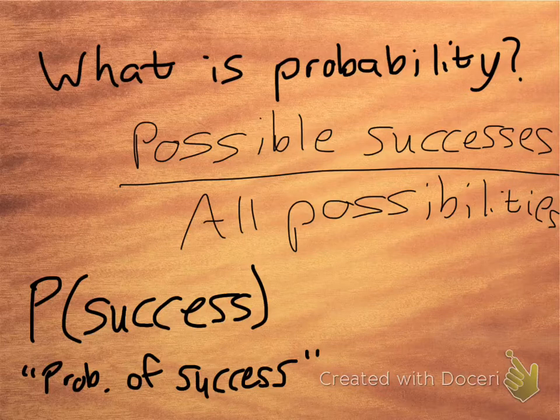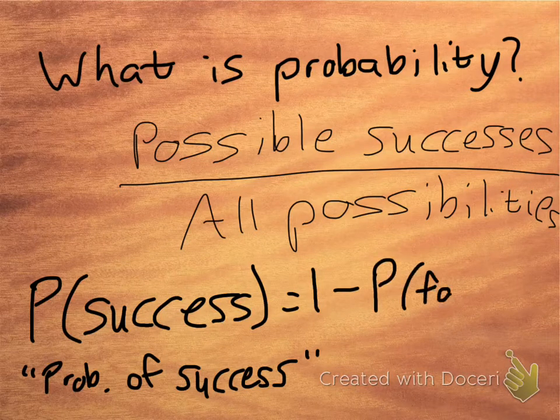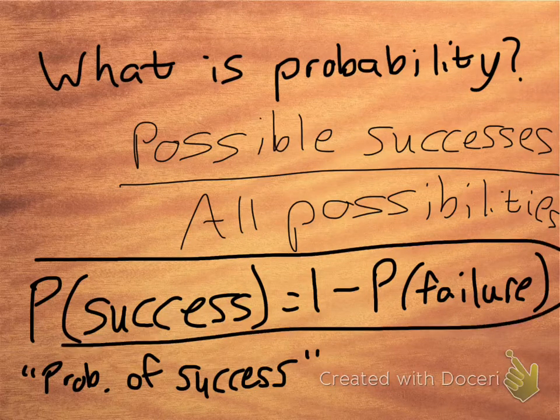So the probability of success is just 1 minus the probability of failure. Meaning, if I have a 25% chance of succeeding, then I would have a 75% chance of failing, and 1 minus 75% is 25%. So that's just a relationship between these things.